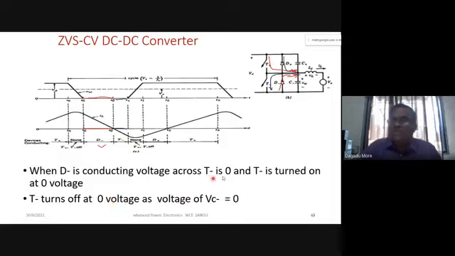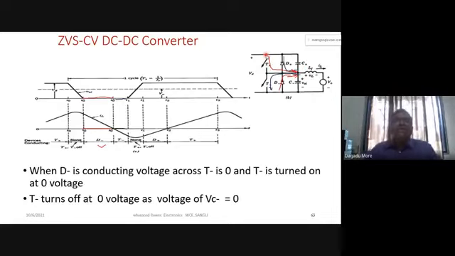Turn on is at zero voltage because the anti-parallel diode is conducting prior to the turn on. So here D plus is conducting before T plus, so that our device T plus turns on at zero voltage. When we turn it off, the capacitor voltage is across the switch and is zero, so the turn off will be at zero.